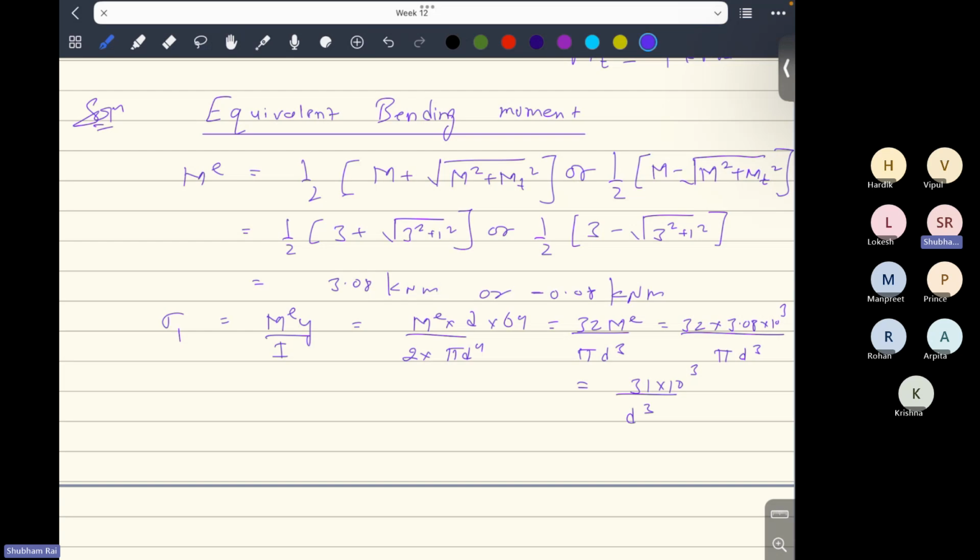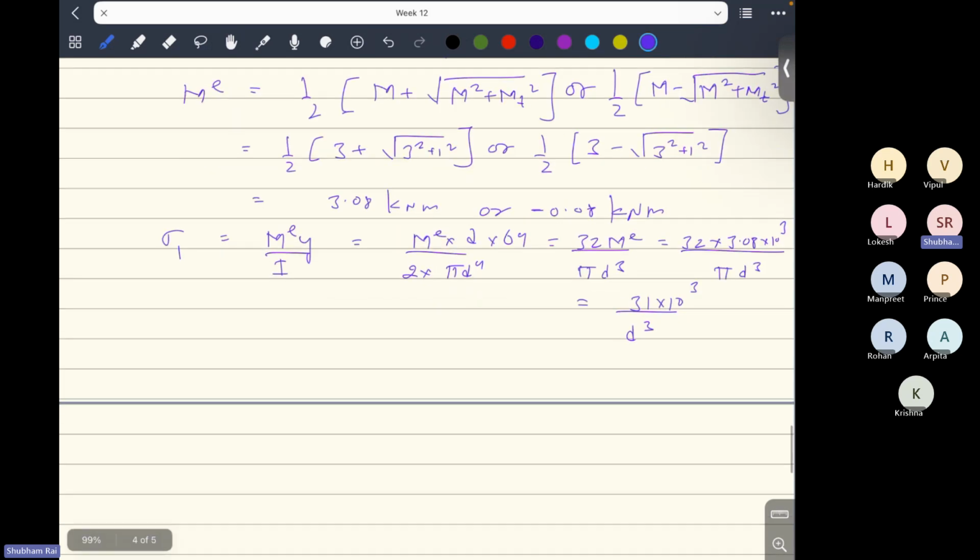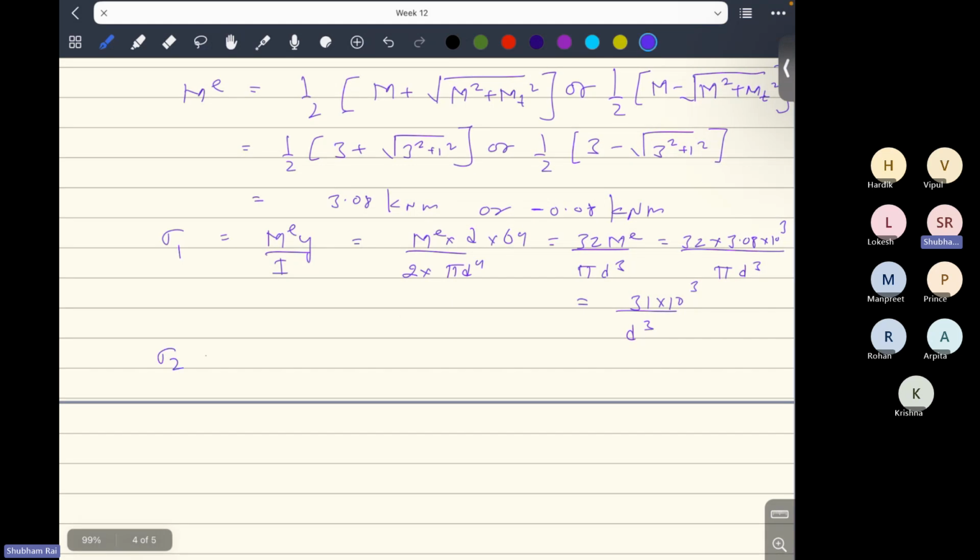Let me just check. Approximately it is, I've just written an approximate value, so you should get something somewhere around this. And sigma 2 will be minus, because Me is minus, 32 into 0.08 into 10 to the power 3 divided by pi d cube, right?